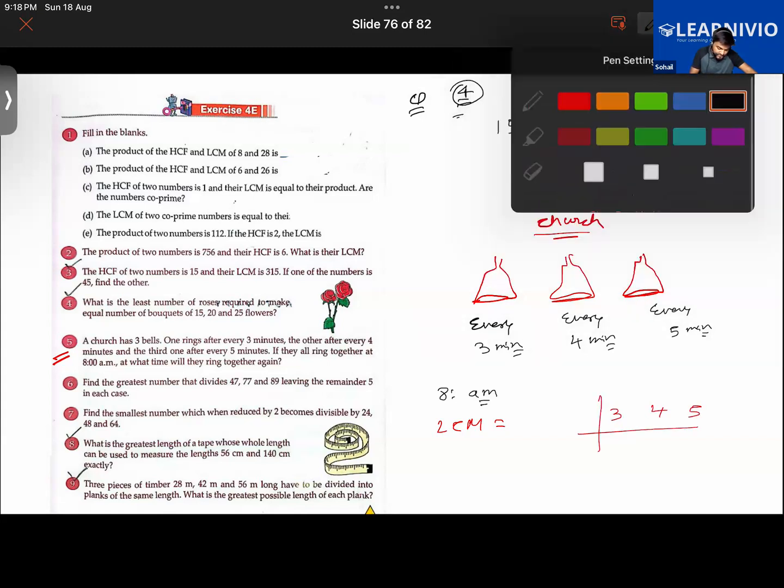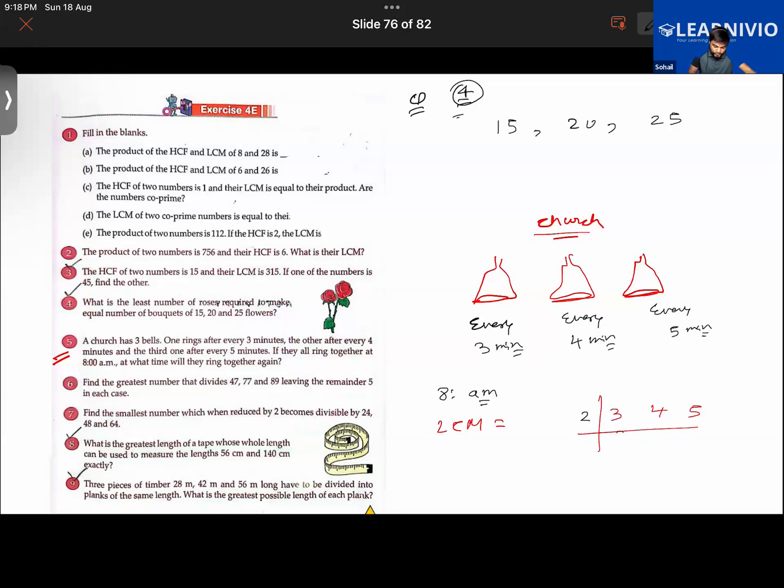Calculate it. Take the number 2. So the LCM will be 2 multiplied by 3 multiplied by 2 multiplied by 5. It should be 60. The LCM will be 60. Getting it?